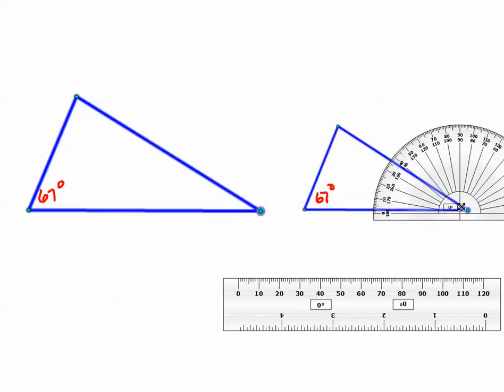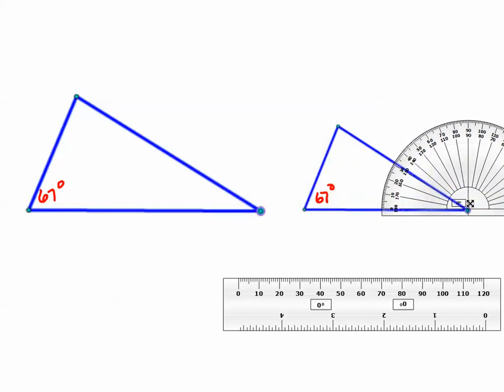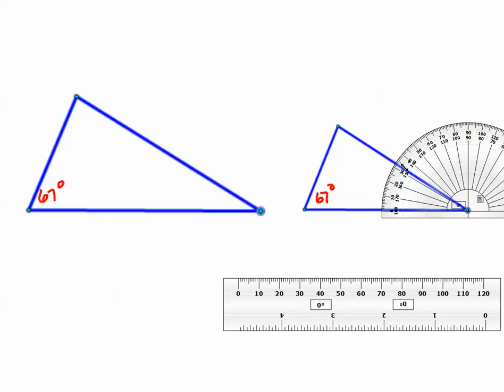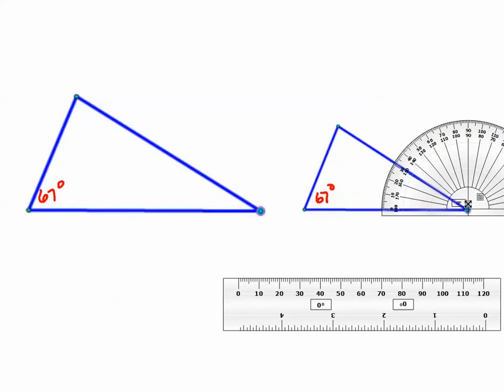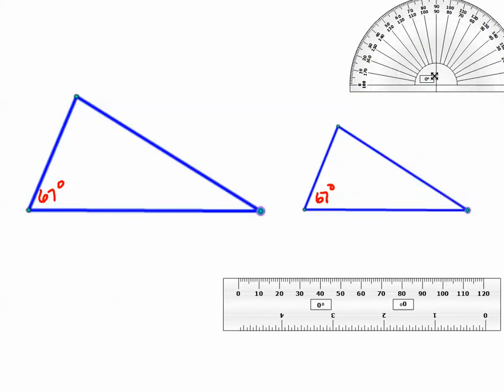And over here, again, this angle measures 32 degrees similarly. So I made sure that all three angles are congruent. Now you know we don't have to measure the third one. They have to add up to 180, so by the third angles theorem, yes, this one also has to be 81 degrees. So I made two triangles where the angles are congruent.